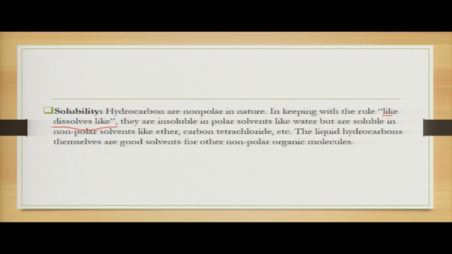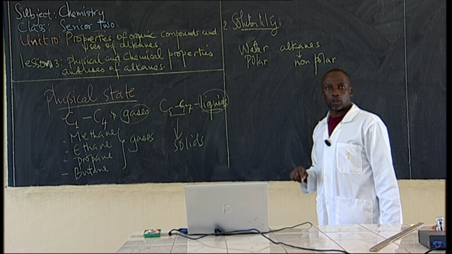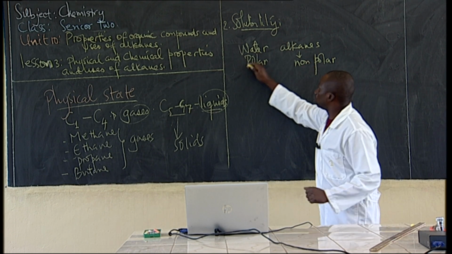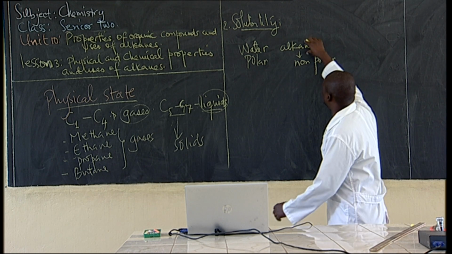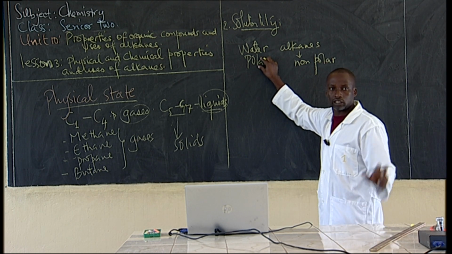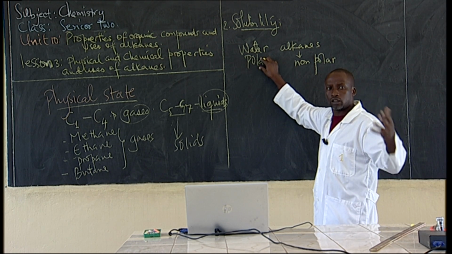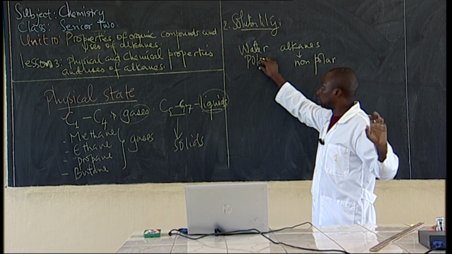Because they are not the same. They don't have the same nature. Water is polar. This is a polar molecule, whereas these alkanes are non-polar. I'm just trying to explain how the rule operates.